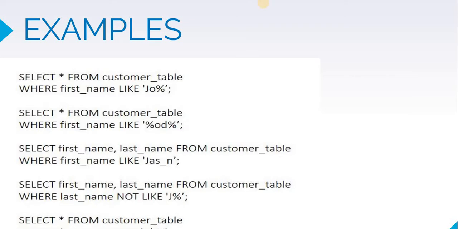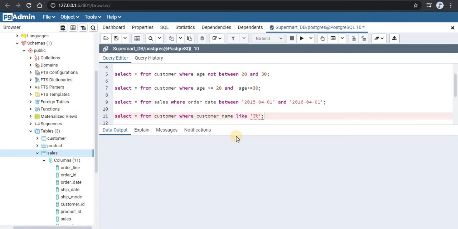Suppose we want to find out customers whose names start with J. To do that, this is the syntax. Select everything from the customer table where customer name is like J, anything after J, so it is J%. Now let us go and write this query in our SQL. As you can see, I have written the syntax select star from customer where customer name like J%.